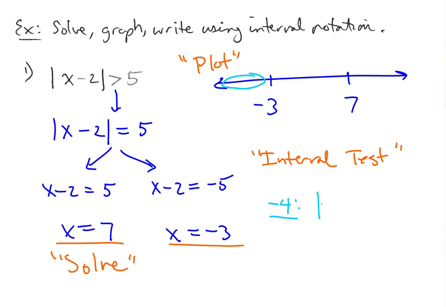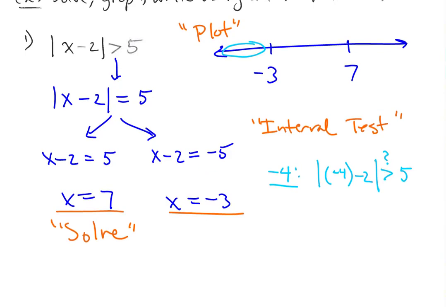So I'm going to write out absolute value of x minus 2, but instead of x, I'm going to put a negative 4, and then minus 2. That's inside the absolute value, and I have that greater than 5, or supposedly it is. We don't know yet. We're testing it. This is how we're plugging the test values back into the original inequality. We simply want to know, is that true or false?